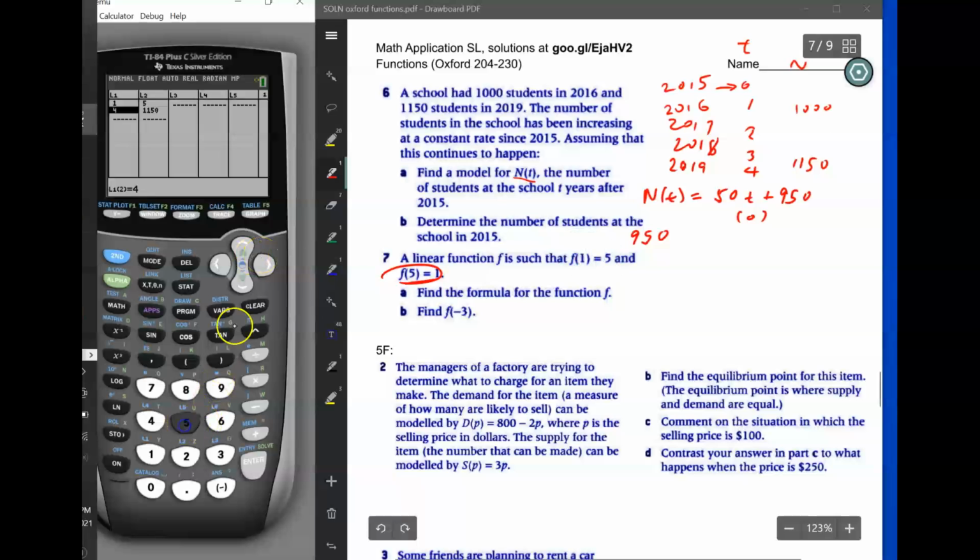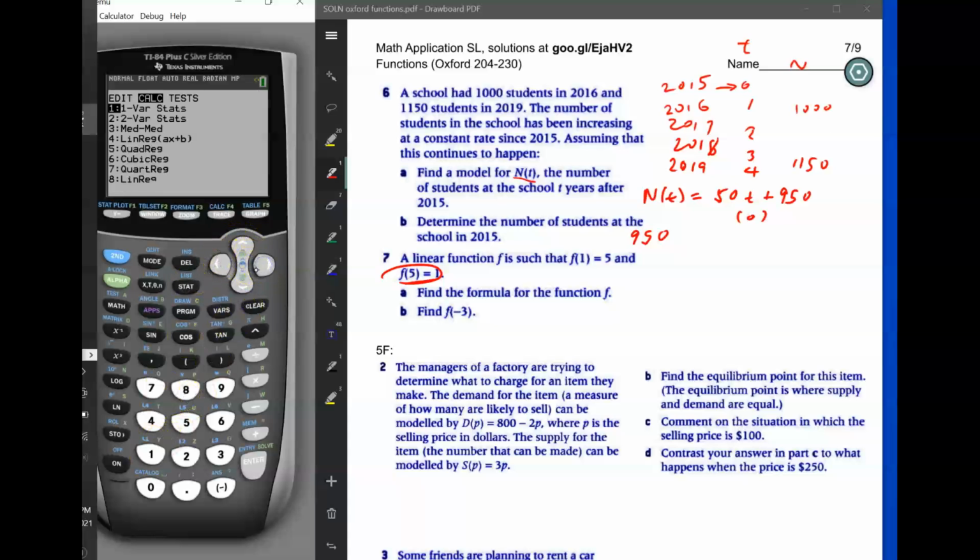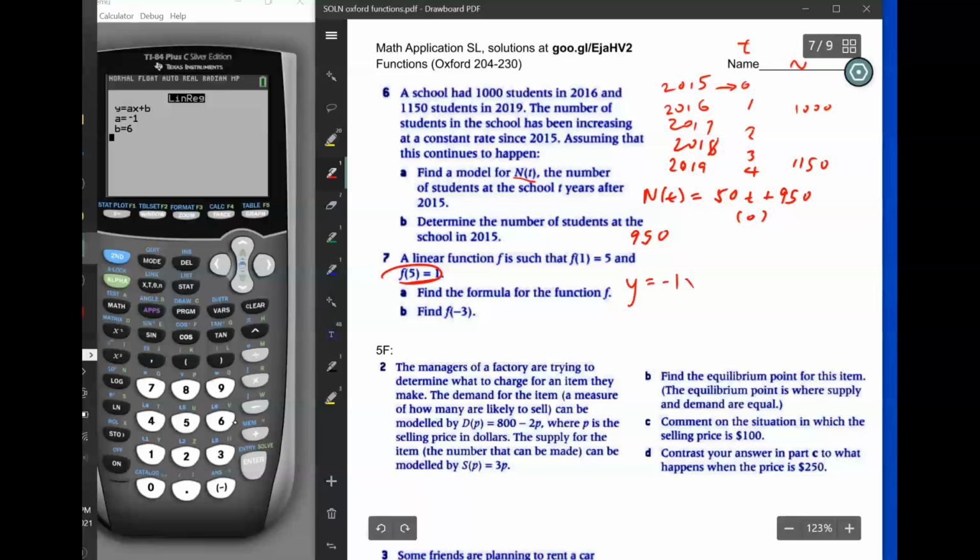Stat, calc, lin reg. Calculate with frequency list 0, or frequency list blank. So our model is going to be negative 1x plus 6, where negative 1 is the slope and 6 is the y-intercept.